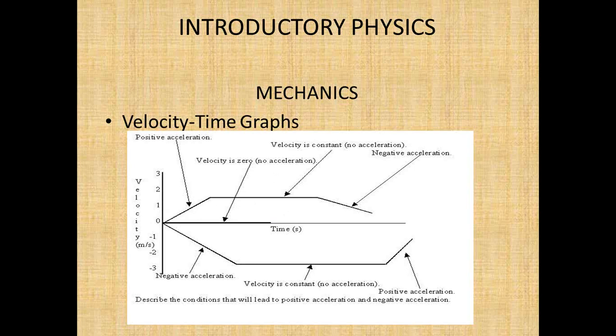Sorry, I made a mistake right here. This is not zero velocity. This velocity is about 1.5. So on this horizontal portion, your velocity is 1.5, and as time increases, the velocity remains the same. So this is a constant velocity.